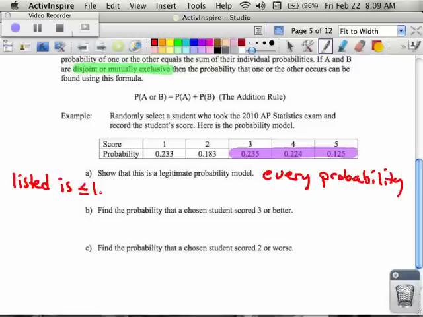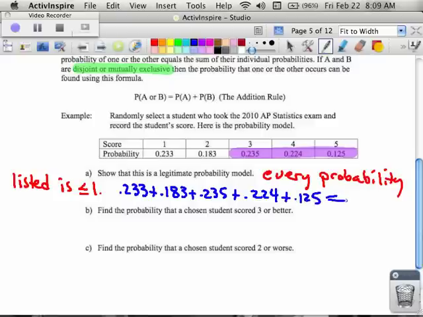The second thing that I notice as I look at these probabilities is 0.233 plus 0.183 plus 0.235 plus 0.224 plus 0.125 equals 1. This is how you show that something is a legitimate probability model. 1, all scores are less than or equal to 1 and greater than or equal to 0, and 2, that their sum is 1.